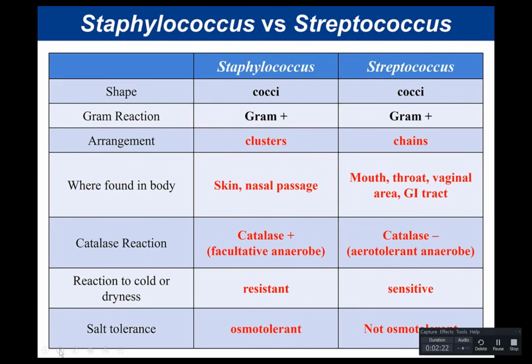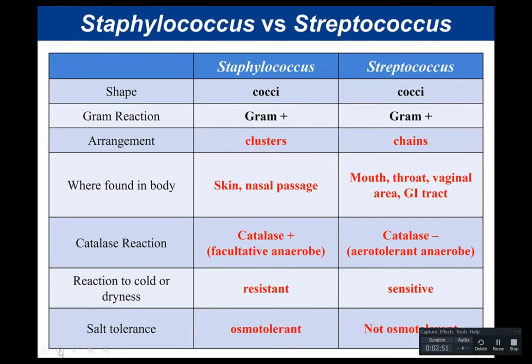If you wanted to quickly differentiate whether it was Staphylococcus or Streptococcus, you could run a catalase test. Because if you remember, Staphylococcus is a facultative anaerobe. It grows with or without O2, and if O2 is present, it will use O2 as its final electron acceptor. And as a result, it's going to be catalase positive.